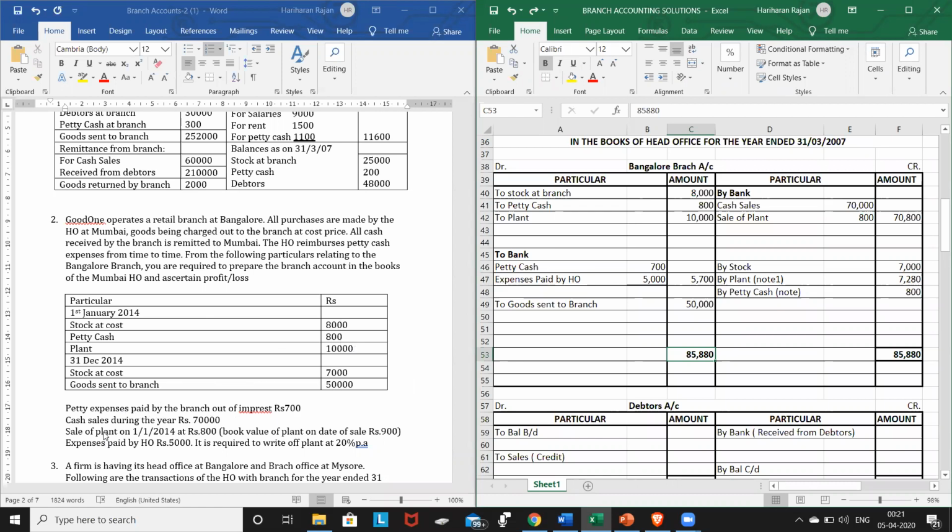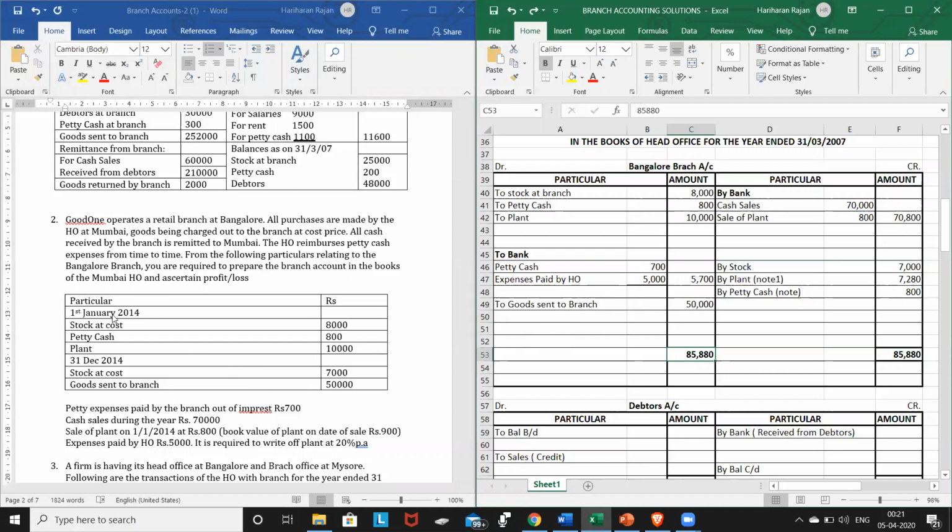Then during this period, expenses paid by the head office, rupees 5,000, that is also recorded. Then goods sent to the branch. The head office is sending goods to the branch, 50,000, which is recorded. So all the debit side is recorded.